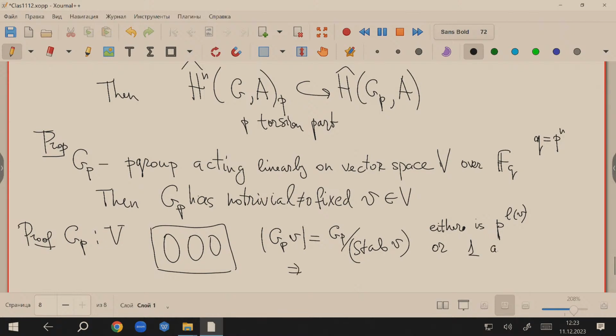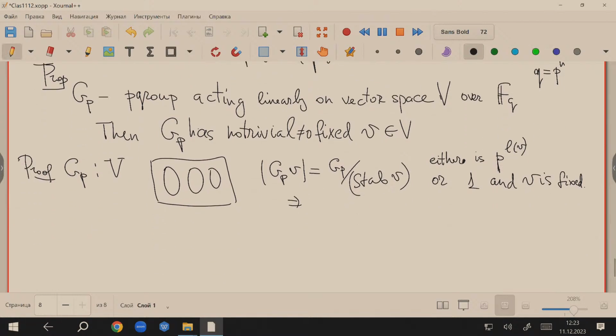So V is fixed. But this implies that the number of elements in V is equal to the sum of the orders of the orbits, plus the set of fixed points, the number of fixed vectors.